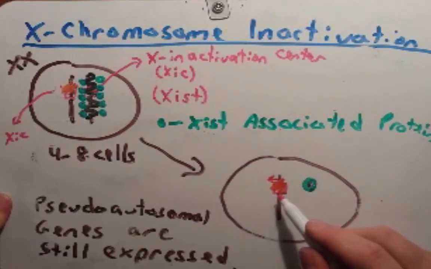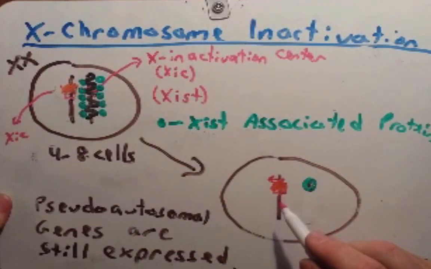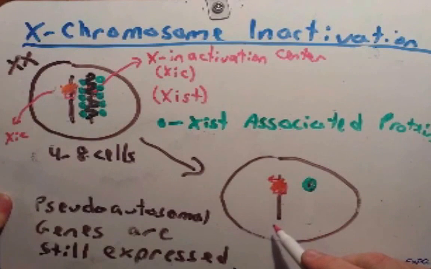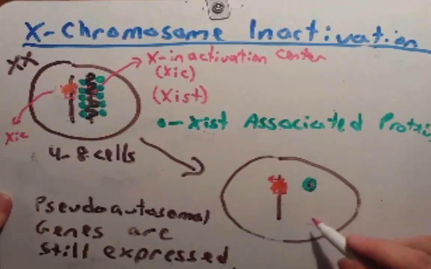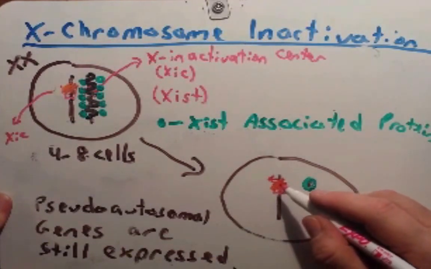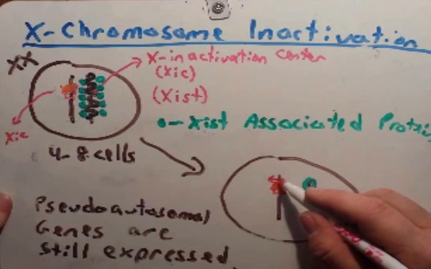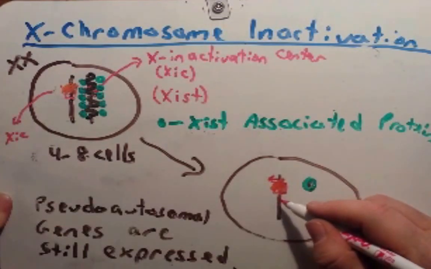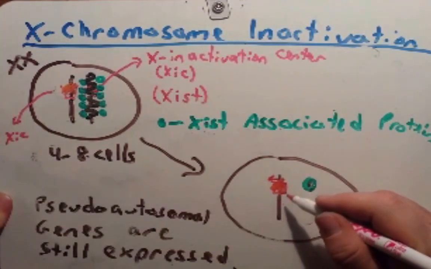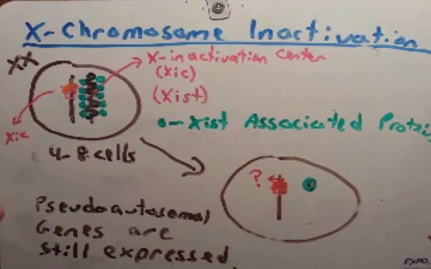Not only are they repressed in the early embryo, once this active chromosome is picked to be the active one, it's going to remain active for the rest of the life of this cell and all of its progeny cells within that organism. What would be an easy mechanism, so to speak, to make sure that this XIST gene remains permanently repressed? I'll put a question mark there.